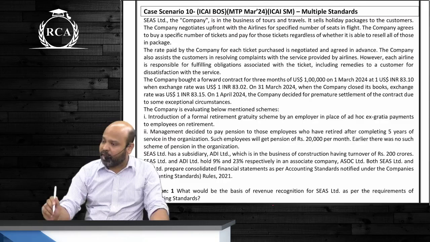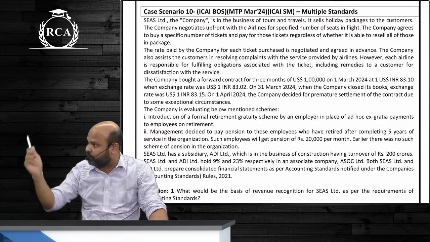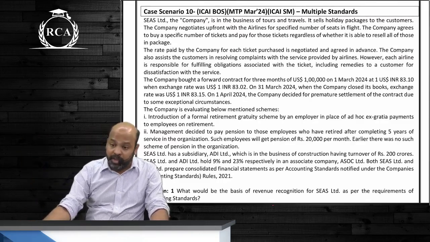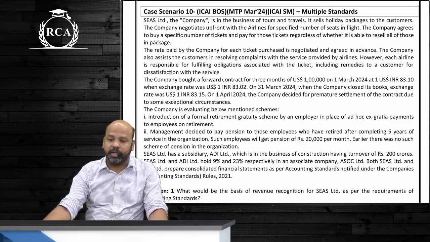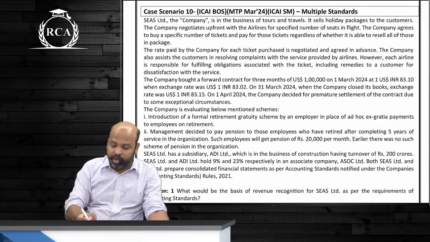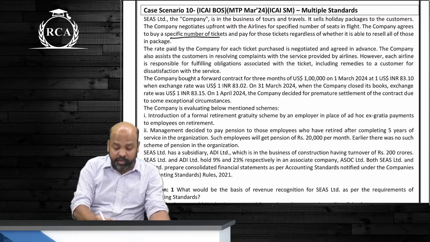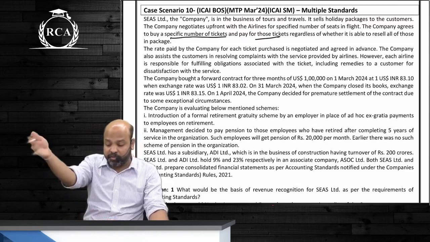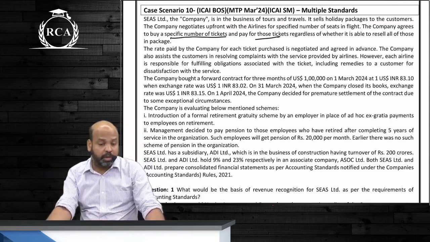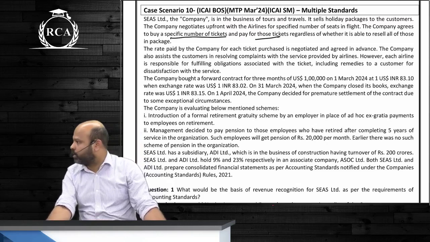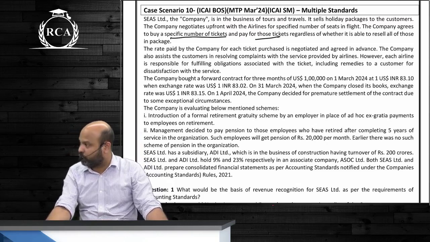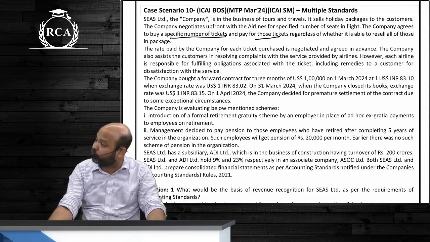Yes. So here, beta, even this airline industry example was covered, guys. Are we merely acting as an agent, guys, or are we taking the entire risk? What is it saying, beta? We are agreeing to buy a specific number of tickets and pay for them, regardless of whether we will be able to resell them or not. That means, guys, the risk and rewards of ownership are being transferred to us. Will you still take only the commission amount or should you take the gross amount of sales?